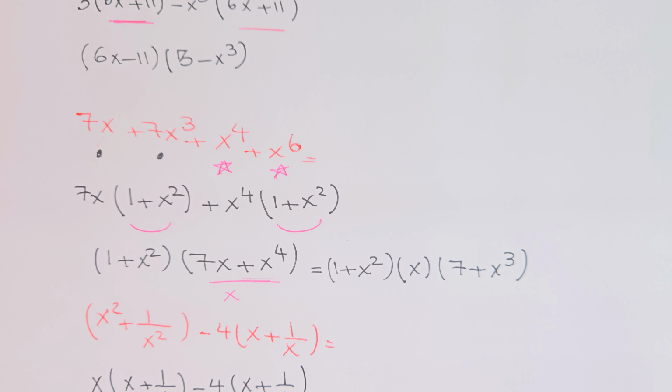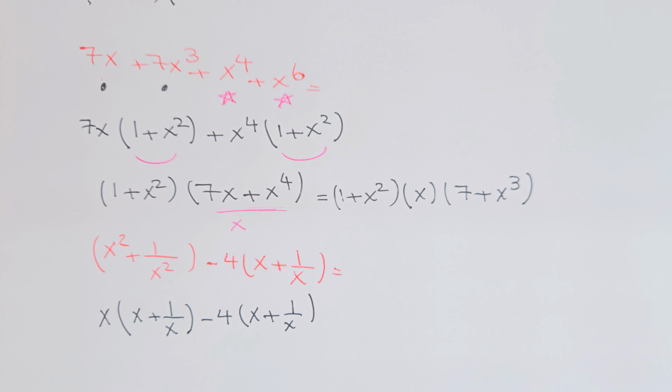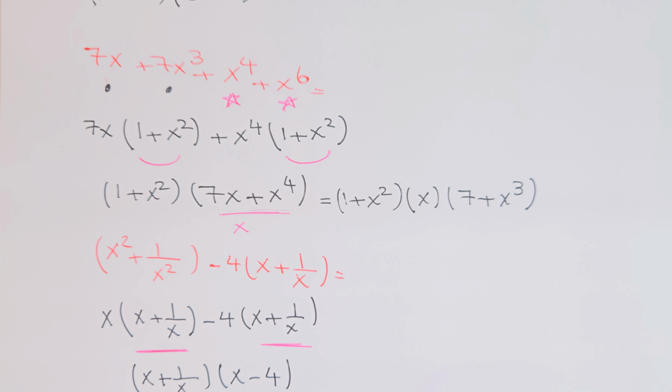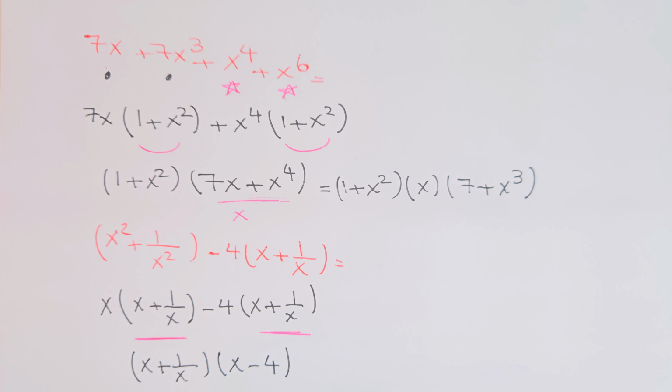And then I'm left with this thing. Then what I can do, I can factorize this part, which is repeating, exactly repeating. And then I'm left with this thing. And if you multiply these two, you will get exactly the same answer.